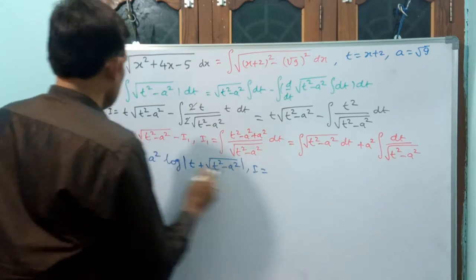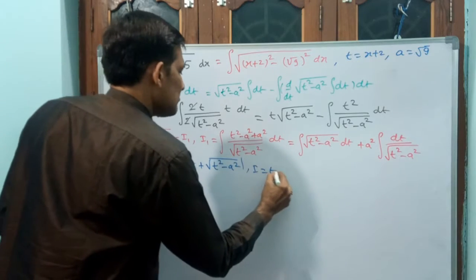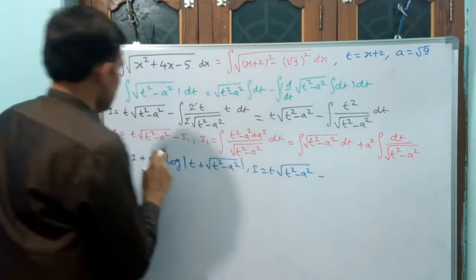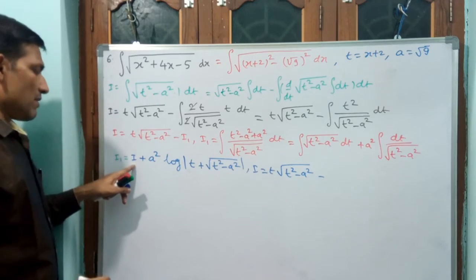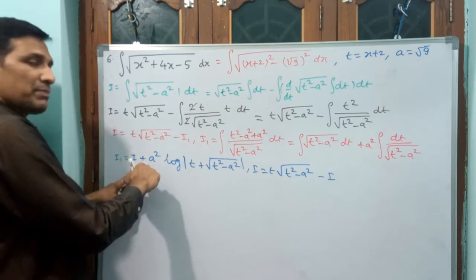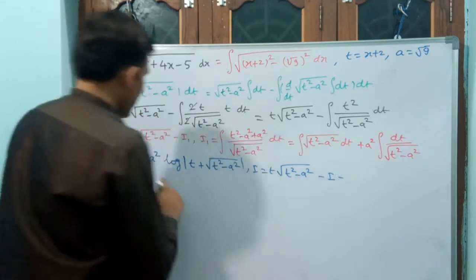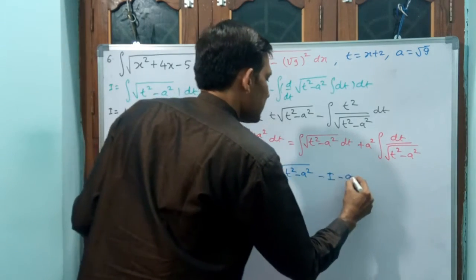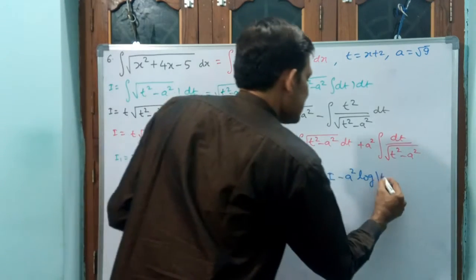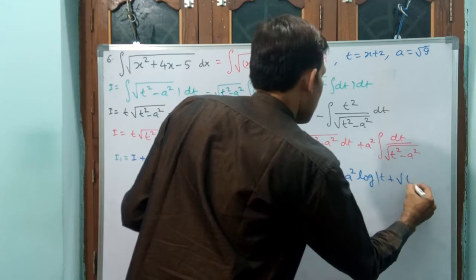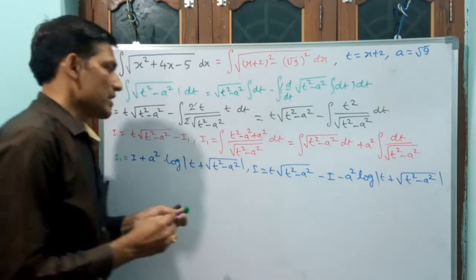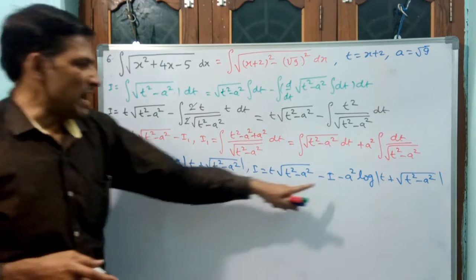Write down. I is equal to t into square root of t square minus a square minus I1. I1 is this one: I outside, minus is there, minus plus minus a square log of modulus t plus square root of t square minus a square modulus close. Okay. See now, minus I is there.